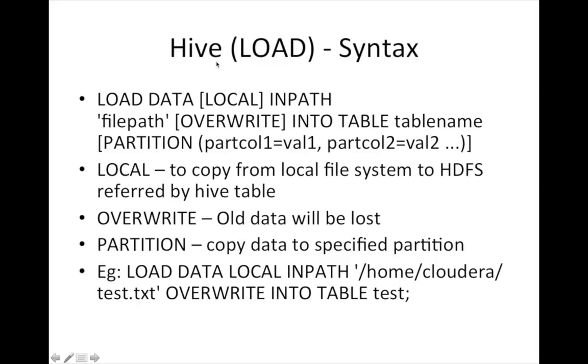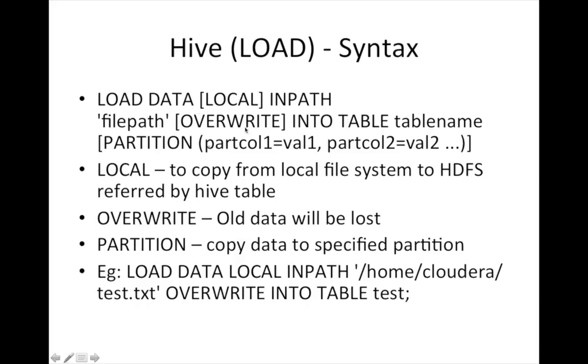If you want to just replace the table every time you load into the table, then you can use overwrite. Otherwise, it will append to the table, so new data will be added to the existing table without touching the data under the table. And if you want to deal with partitions, there is a partition clause as well.